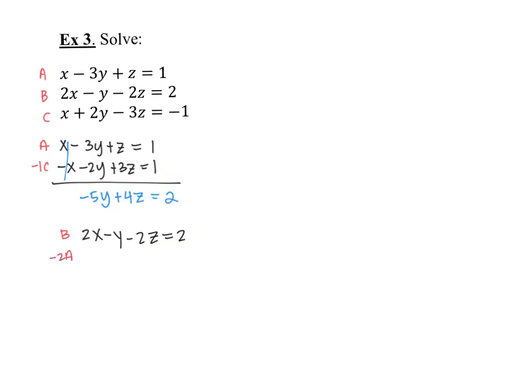It'll give me -2x plus 6y minus 2z. I was trying to cancel the x's. So 5y minus 4z equals 0. Now I have two equations that have y and z in them, so I'm going to line those two equations up.